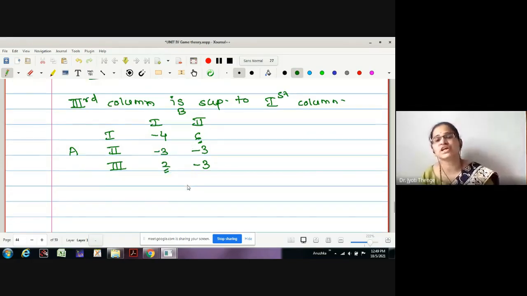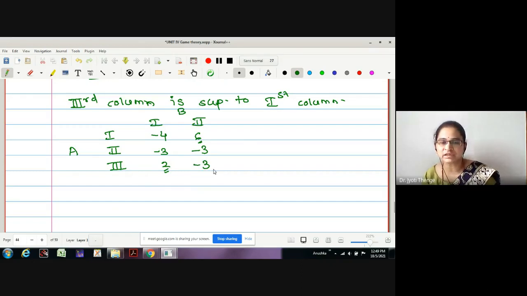Now we will go for checking with rows. Check the rows and tell me whether any row is going to dominate another. Let us check first and second. Whether the first is superior to the second? No, because -4, -3, if I compare, -3 is bigger than -4. Not going.